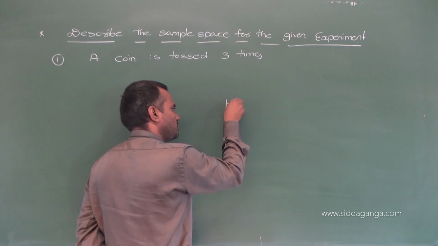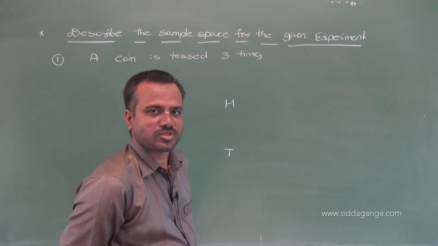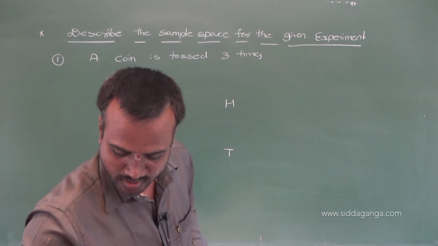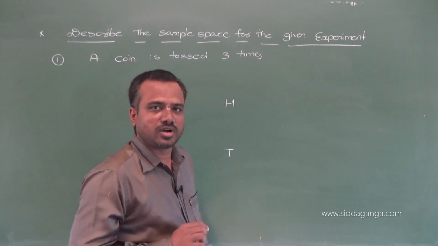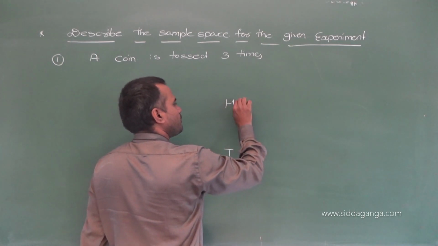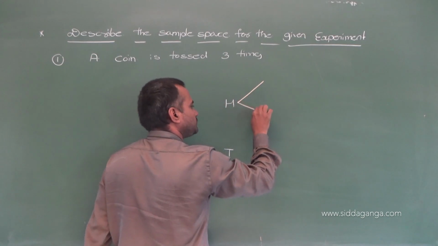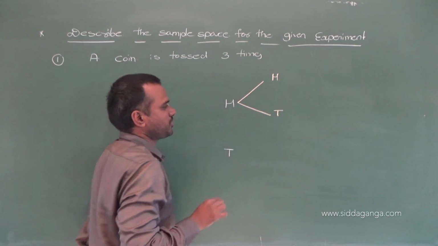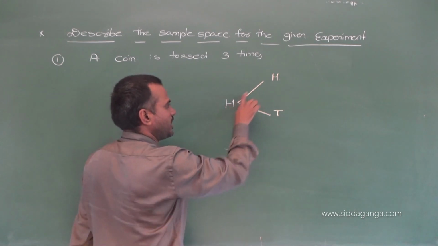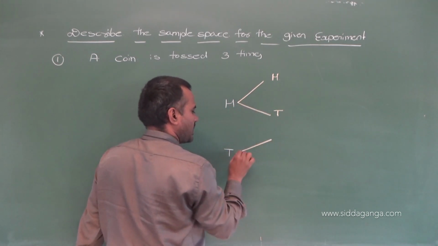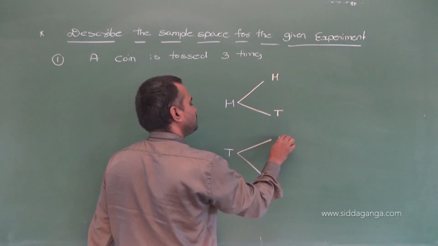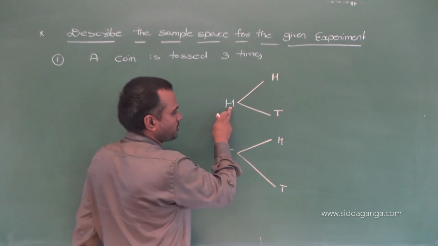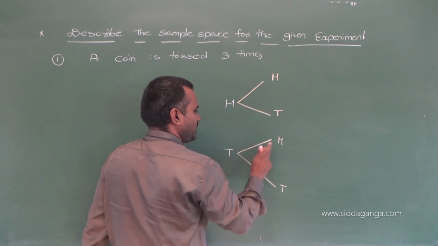If you toss a coin the first time, the possible outcomes are head and tail. Then if you toss a second time, the possible outcomes are head tail, tail head, tail tail.